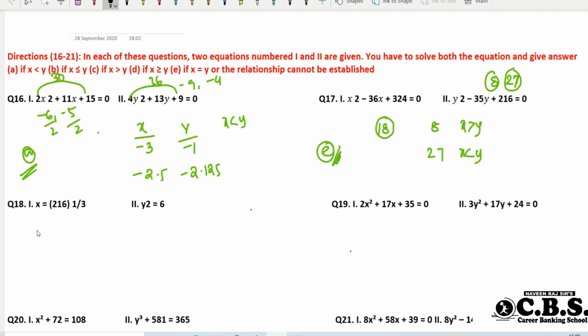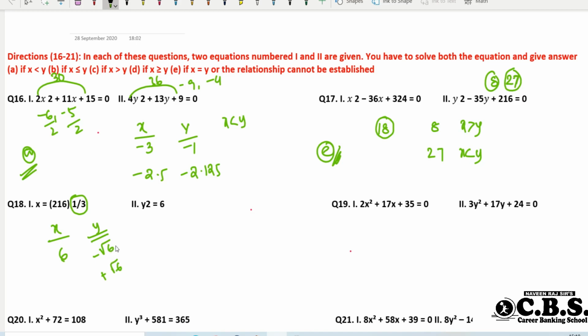Option E is the right answer. Next, here the x values are nothing but what? So here we get only one answer. So x is equal to nothing but what? 6, and the y value is, so y square is equal to 6. So y square is equal to 6 means what? We get one root, sorry, root 6, the other is minus root 6.